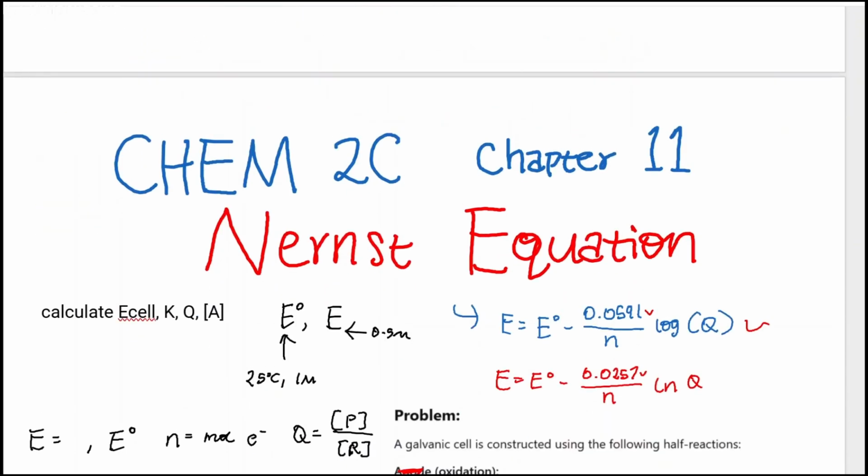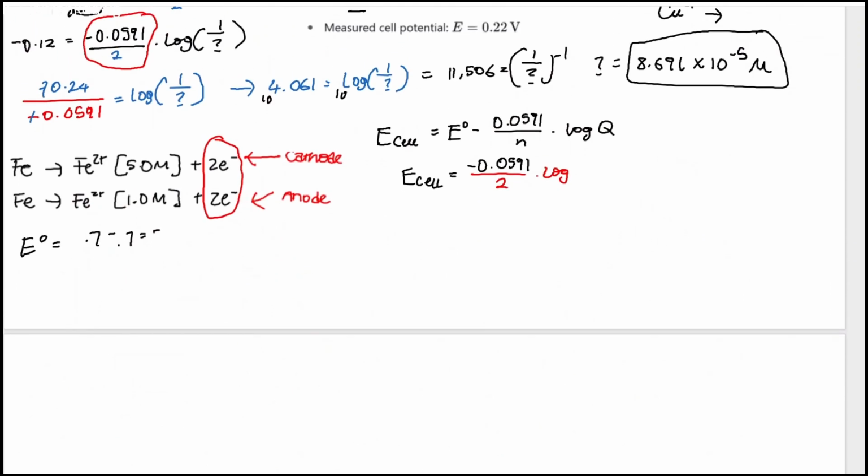When we put it in here, the lower concentration is the product. So it would just be 1.0 molar over 5 molar.